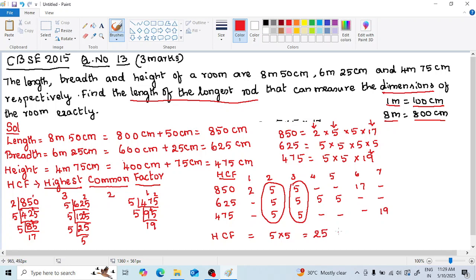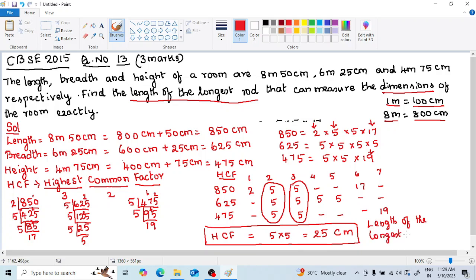The common unit is centimeter, therefore it is 25 centimeter. Therefore, HCF of the given three numbers is 25 centimeter. Therefore, the length of the longest rod is equal to 25 centimeter. Thank you.